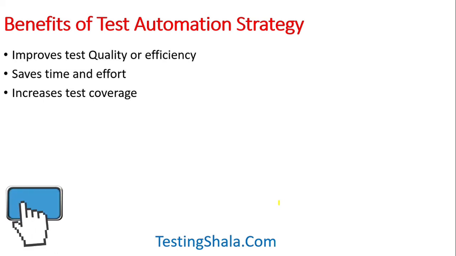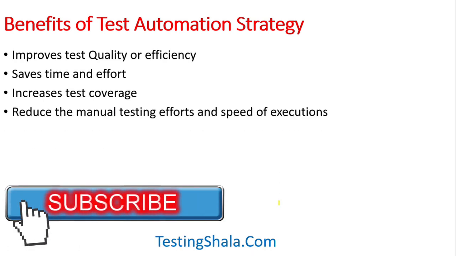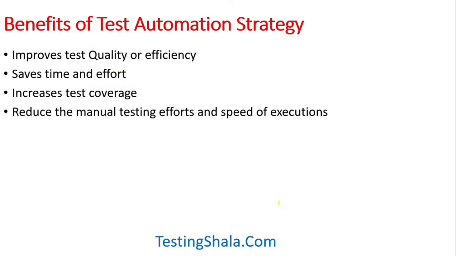Hence, the test coverage also increases, and because we are bringing in automation, it is going to reduce the manual testing effort, and that is also going to speed up our entire process of testing and execution. So these are the very key benefits of test automation strategy.